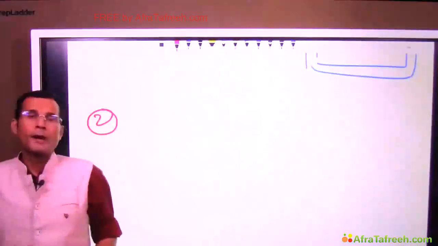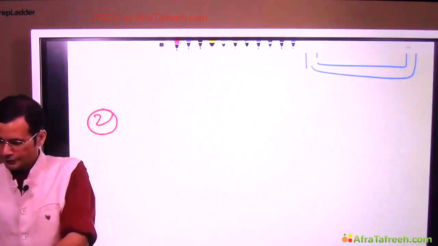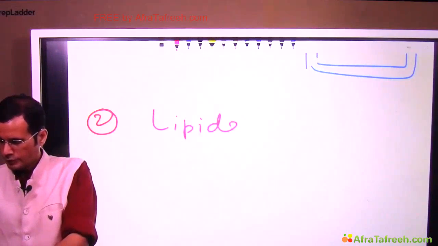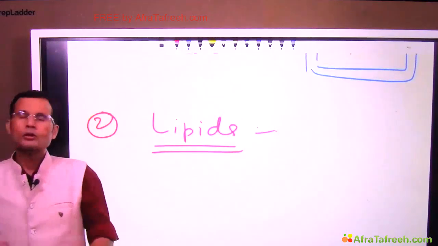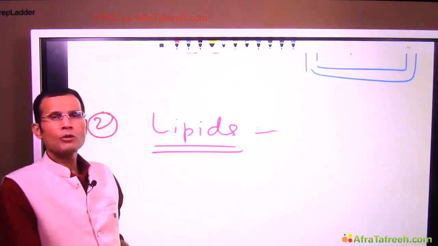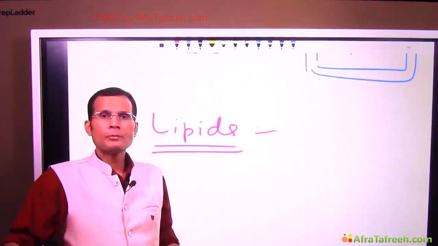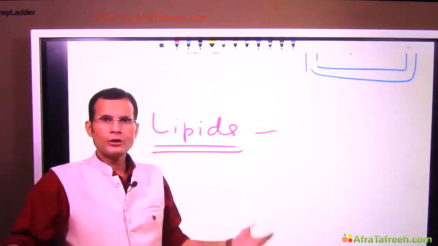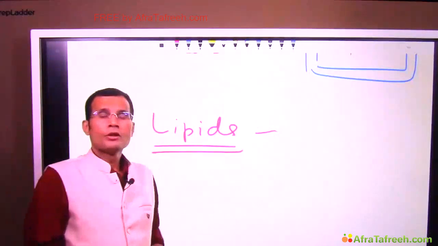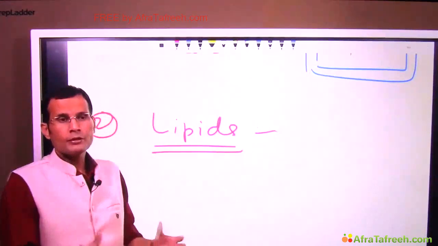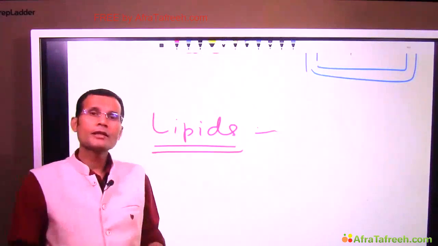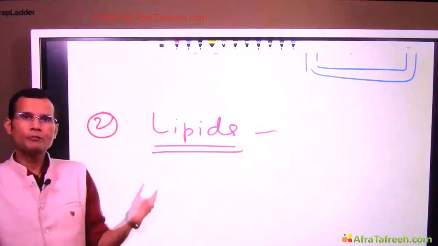So that's one. Second, lipids. There was a question: which of the following is a major lipid in the membrane? Phospholipids, triglycerides, fatty acids, cholesterol. And one more: which of the lipid constituents is a fluidity buffer of the membrane?